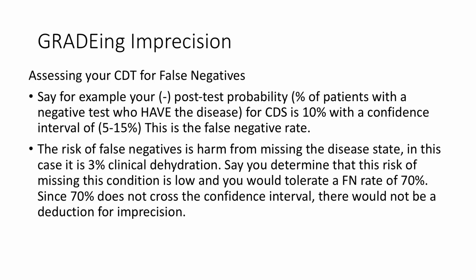So in this case, the risk of false negatives is harm from missing the disease state. And in this case, it is 3% clinical dehydration. So say you determine that the risk of missing this particular condition is relatively low, and that you would tolerate a false negative rate of 70%. Now, since 70% does not cross the confidence interval, you would not take a point off for imprecision.